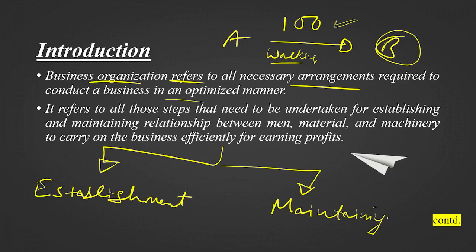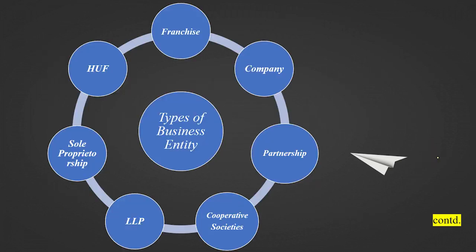So we need to have the relationship between men, material and machinery to carry on business efficiently for earning profits. End of the day, we should do that. But to decide that, if I want to have a small shop, like a small provision shop, do I need a public limited company? Definitely not. So that is what you should decide.